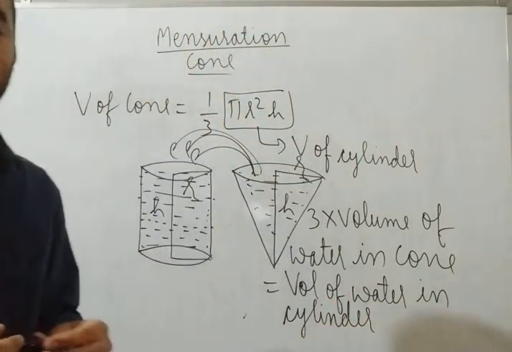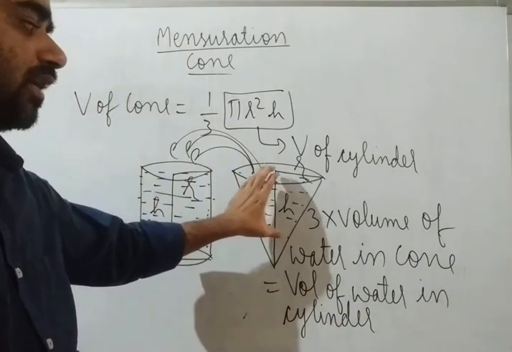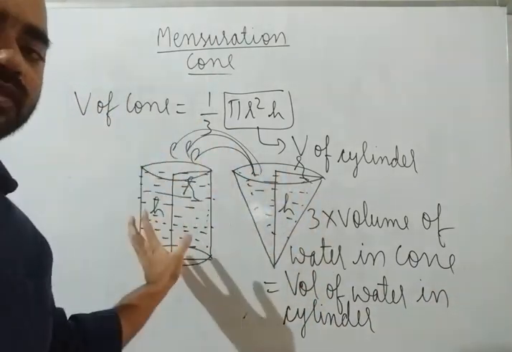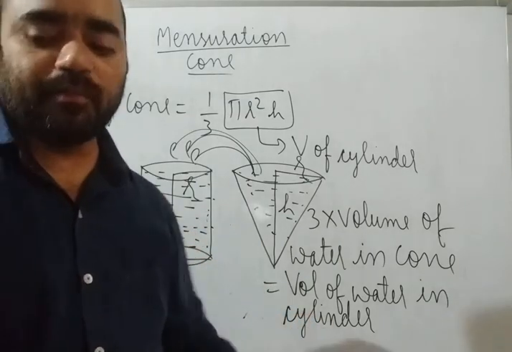Correct? What we have obtained? When we have taken 3 times the volume of water in the cone and poured it into the cylindrical vessel, the cylinder is filled completely.